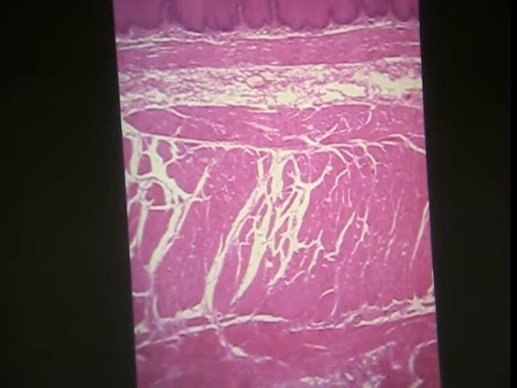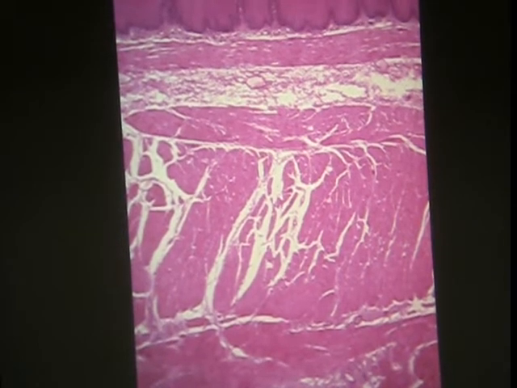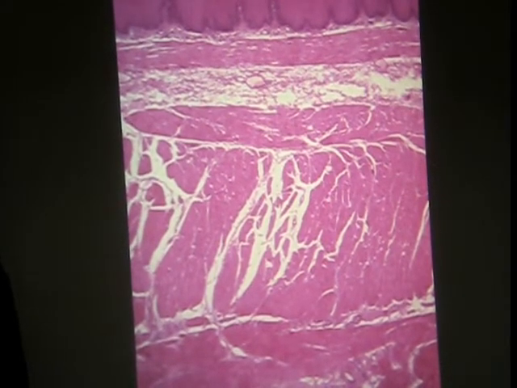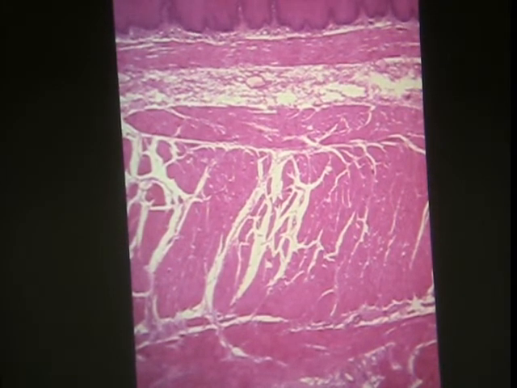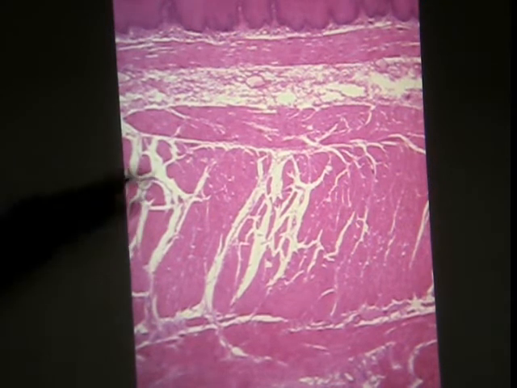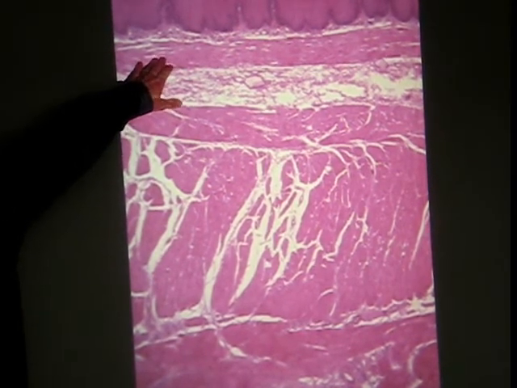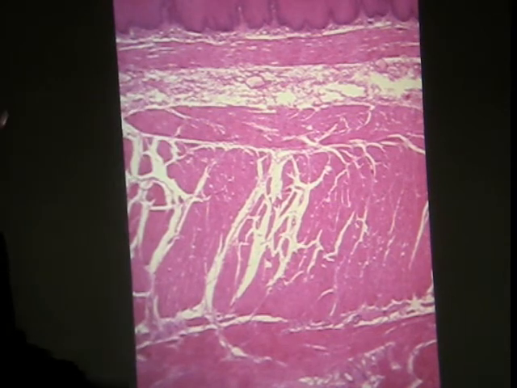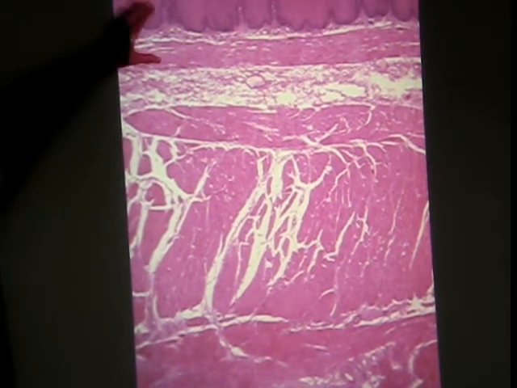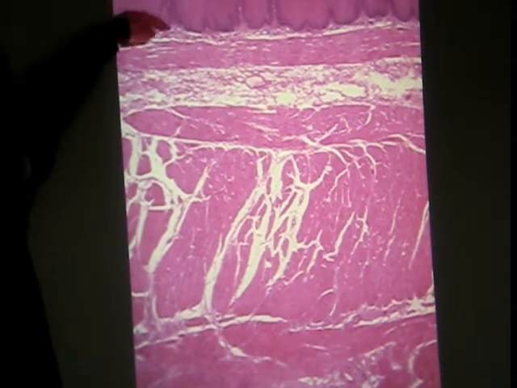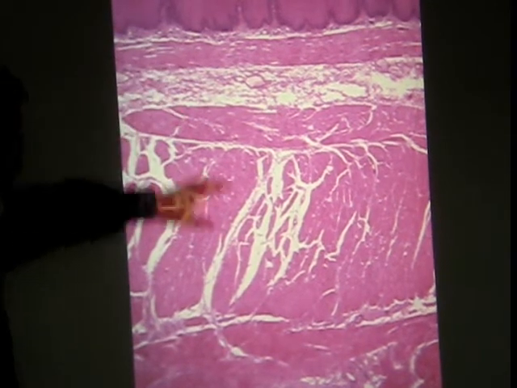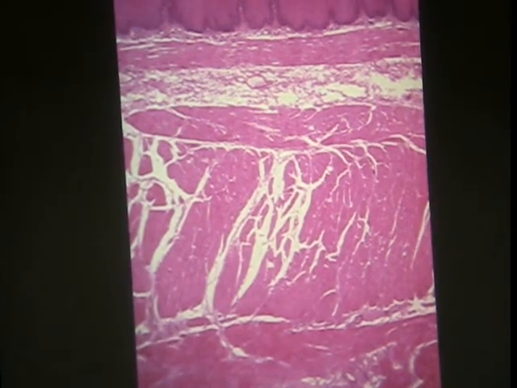I see people doing the right thing, but that's not going to cut it. We've got to use the vocabulary here. What's longitudinally oriented? Okay, so you know that it's a longitudinal section. So we've got the mucosa, lamina propria, submucosa, muscularis.